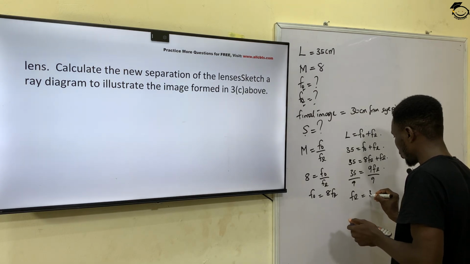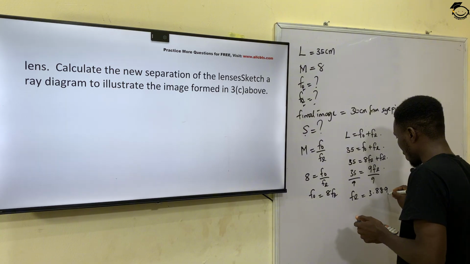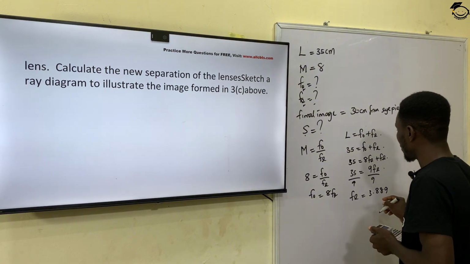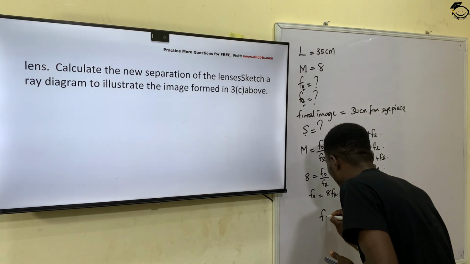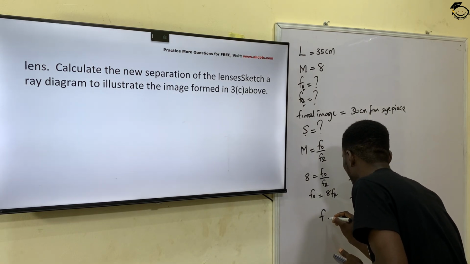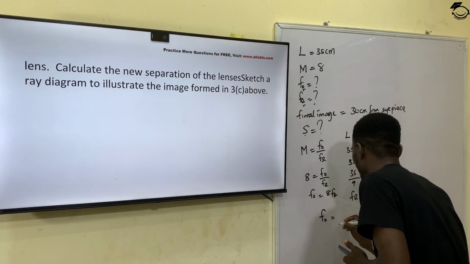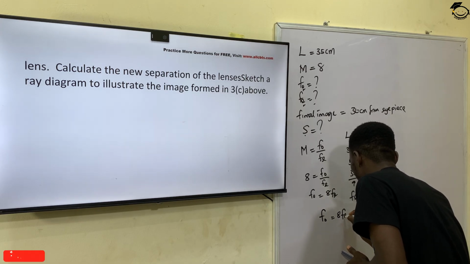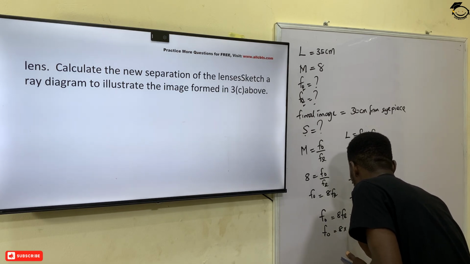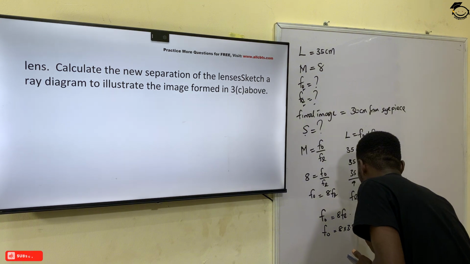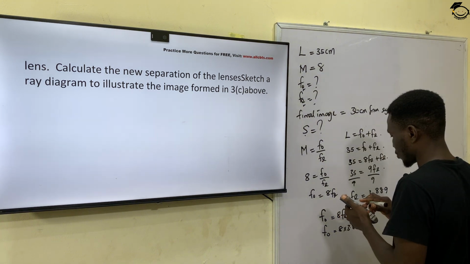That will give me 3.889. So if my Fe is 3.889 and I know that my F0 is equal to 8Fe, this means that my F0 is equal to 8 times 3.889.